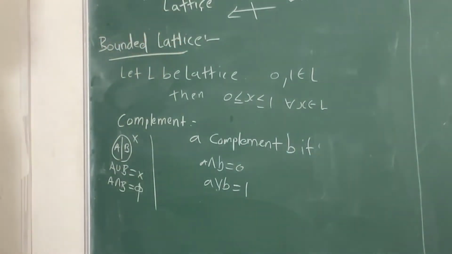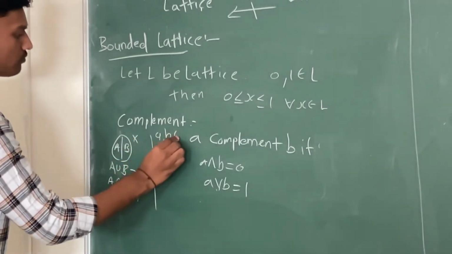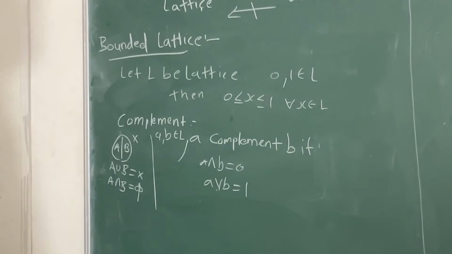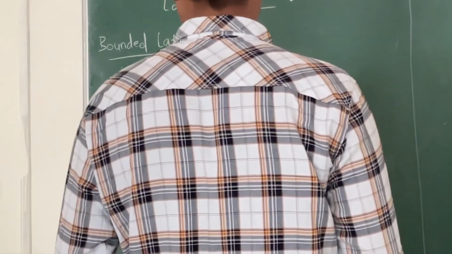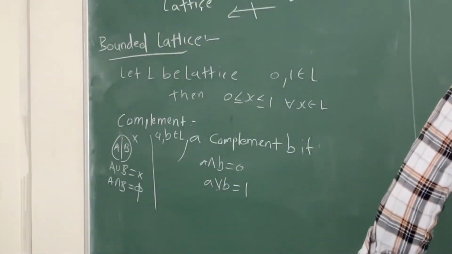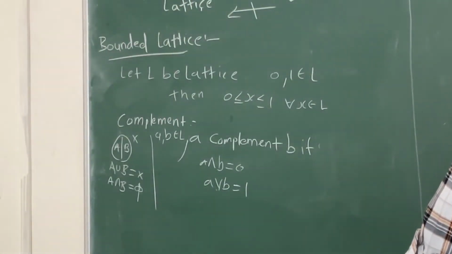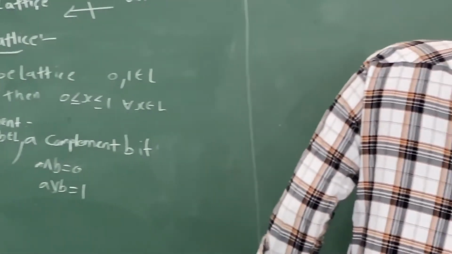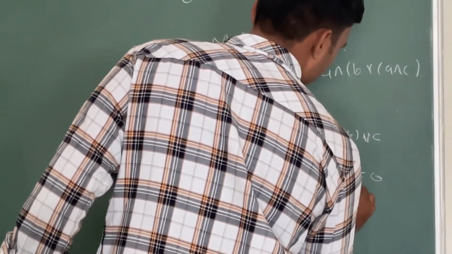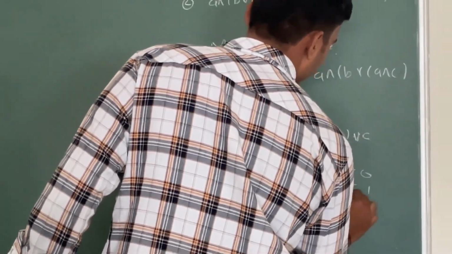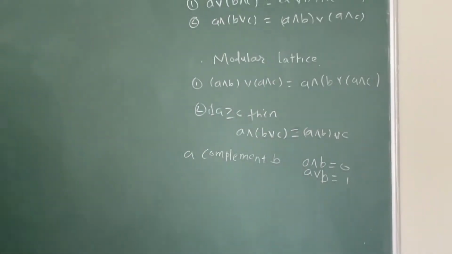We say that A is complement of B if it satisfies these two conditions. Obviously, B is also complement of A, because meet and join you can interchange. If you take the meet, it should be the minimum element, and if you take the join, you should get the whole maximum element. Is that clear? Then we say that one is complement of the other.